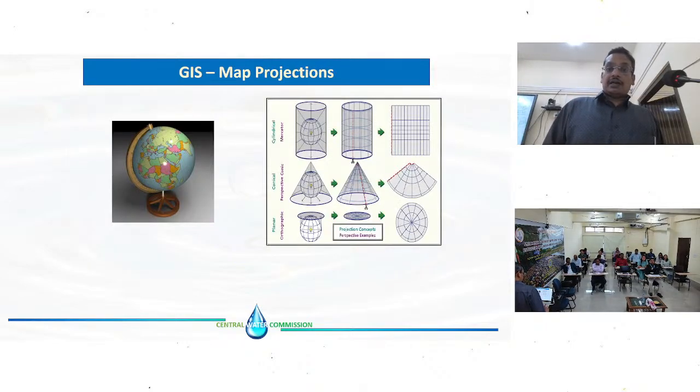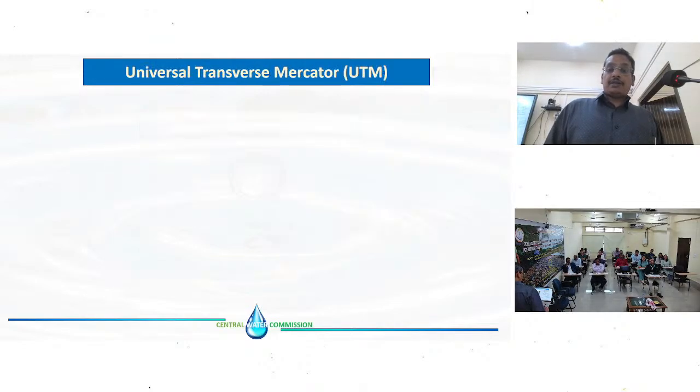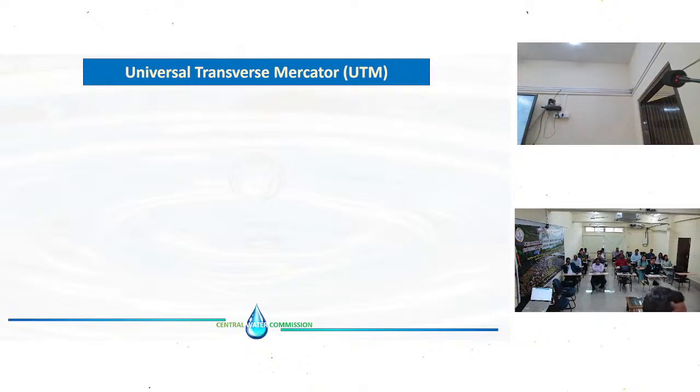There are many projection systems, and for each projection system in GIS, there is a code. That code is given by what is known as the European Petroleum Survey Group.